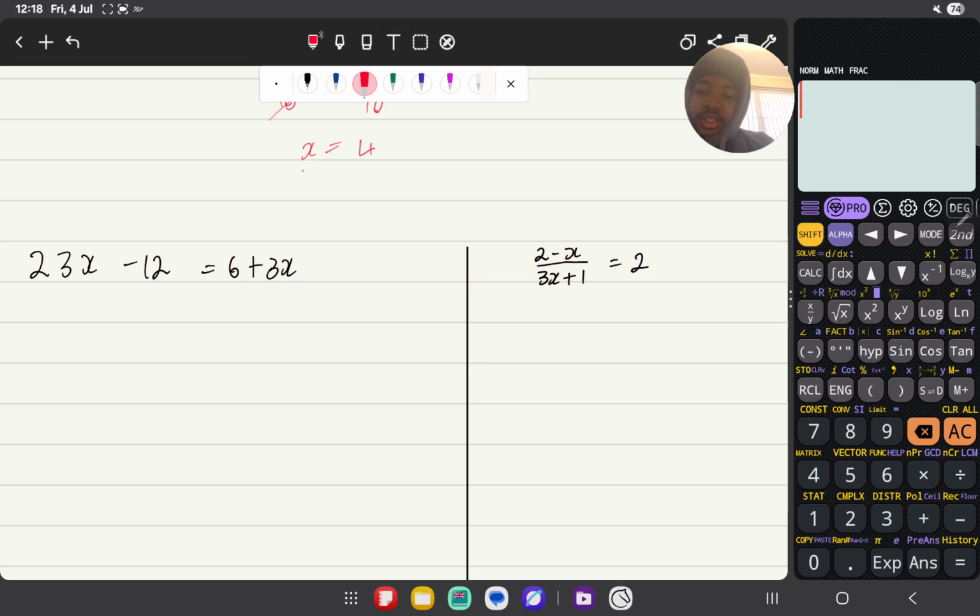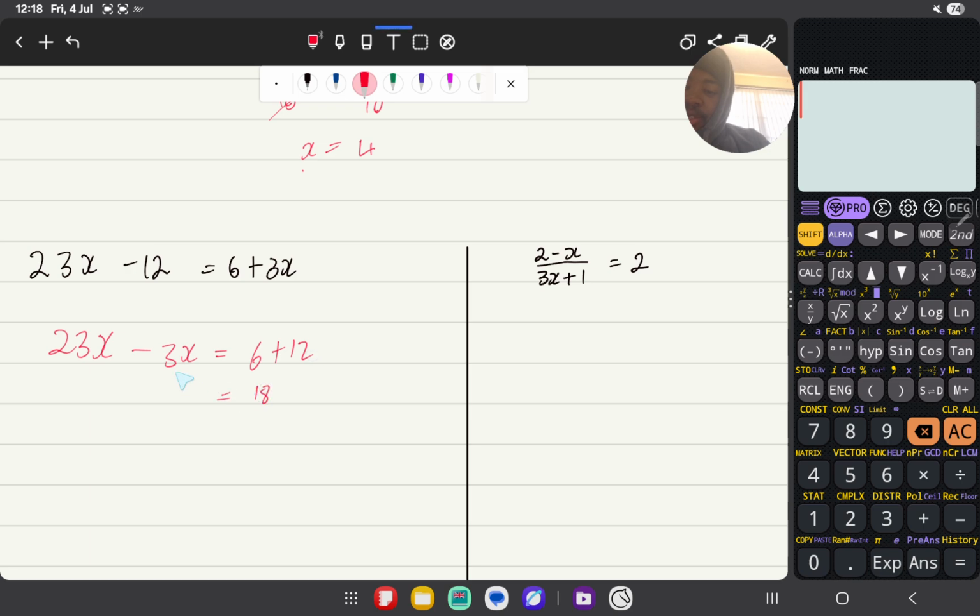Here is another classical example where we're going to have to transpose. Of course, 23 is the highest, and it's positive also. So I'm taking 3, transposing it to the other side. You have 23x minus, it changes the sign, minus 3x equals 6 plus 12.